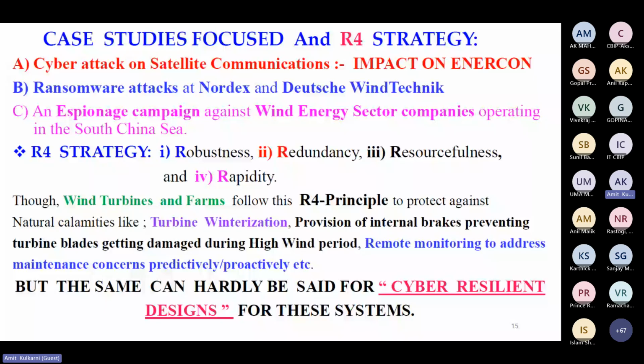As far as wind farms and wind turbines are concerned, this R4 principle is very well seen in protection against natural calamities like turbine winterization, provision of internal brakes preventing turbine blades from overspeeding for a longer period, remote monitoring to address maintenance concerns predictively or proactively, etc. But it is hardly seen in cyber resilient designs. And that is the reason this system got impacted.